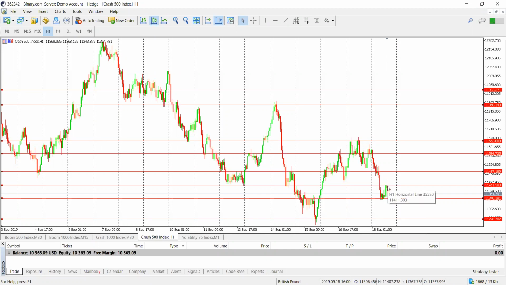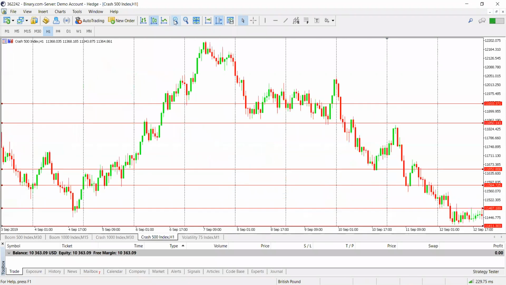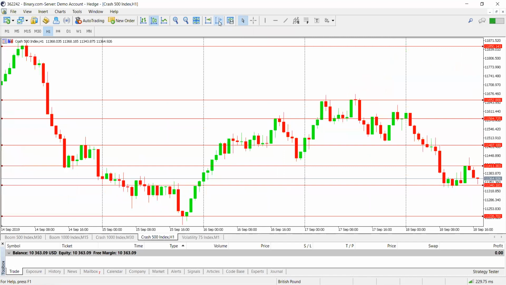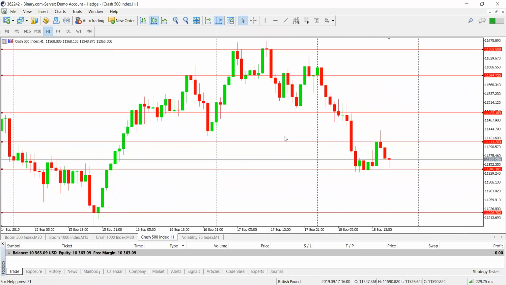And there's a difference. Let me zoom in here. The pin bars are not always the same. Okay, I will tell you now which pin bars are important.